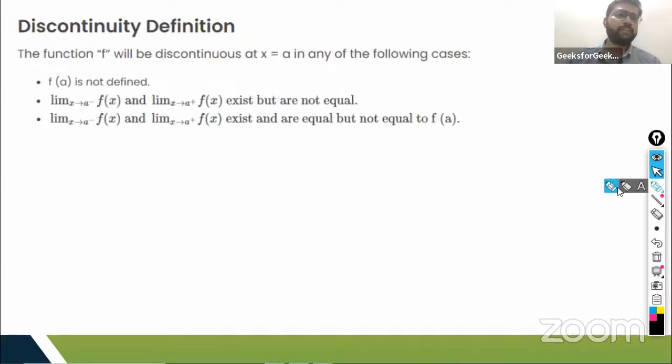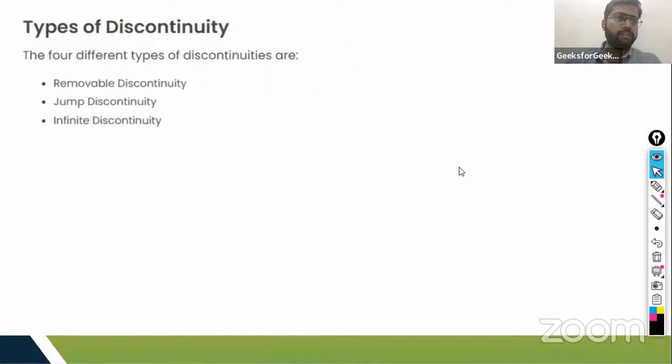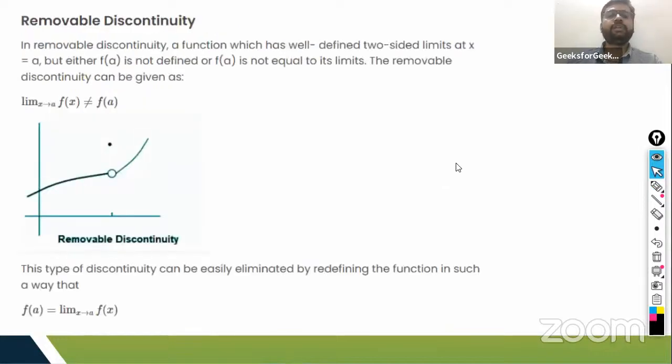Next, the definition of a discontinuity. If the continuity condition is not followed, then the discontinuity will come by default. The discontinuity will come when the continuity condition will not follow. When f(a) is not defined, or the left hand limit and right hand limit are not equal, then in that case the discontinuity follows. Now we have seen there are three kinds of discontinuity: removable, jump, and infinite. Most of the time we understand this kind of discontinuity with the help of a graph only.